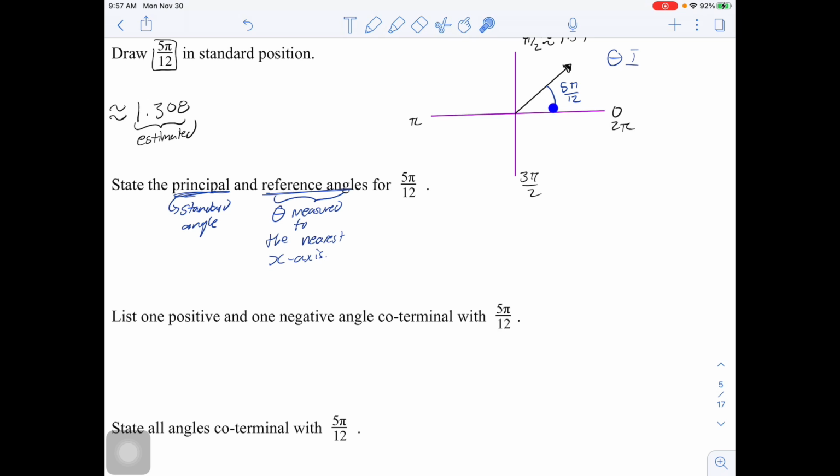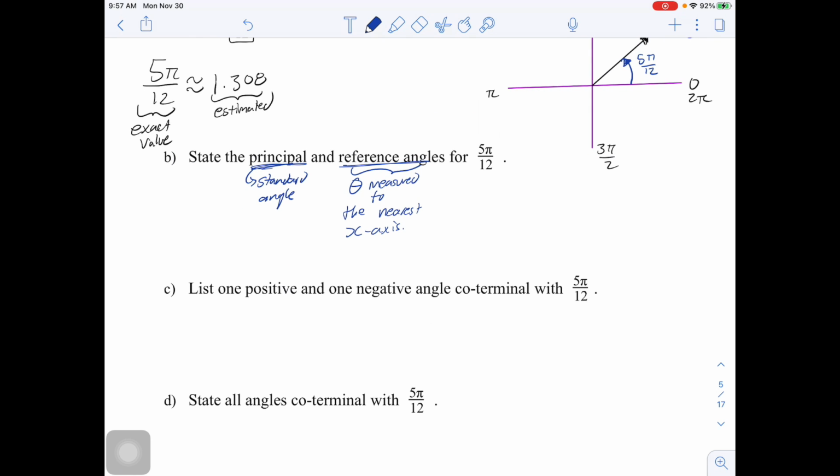So in this case, all of these things are the same thing because this isn't going one full rotation around or anything. It's literally just starting from the positive x-axis and you go to 5 pi over 12. So our standard angle, which we'll note as angle S, and our reference angle, which is angle R, these all equal 5 pi over 12.